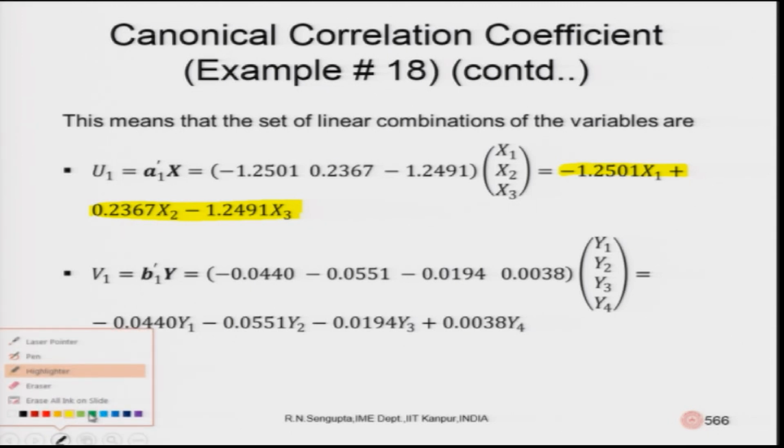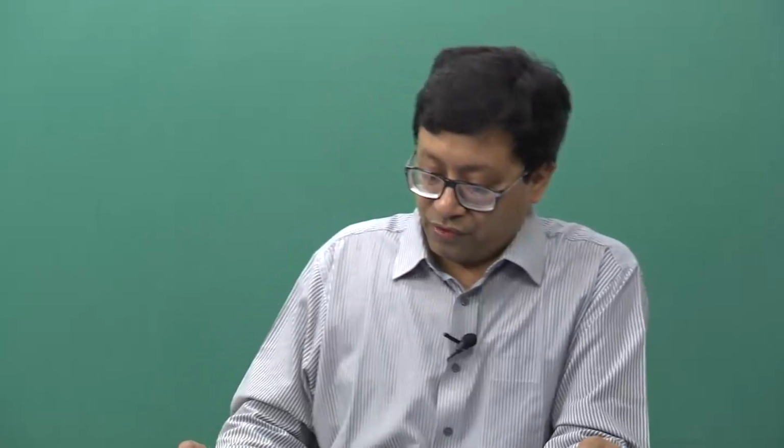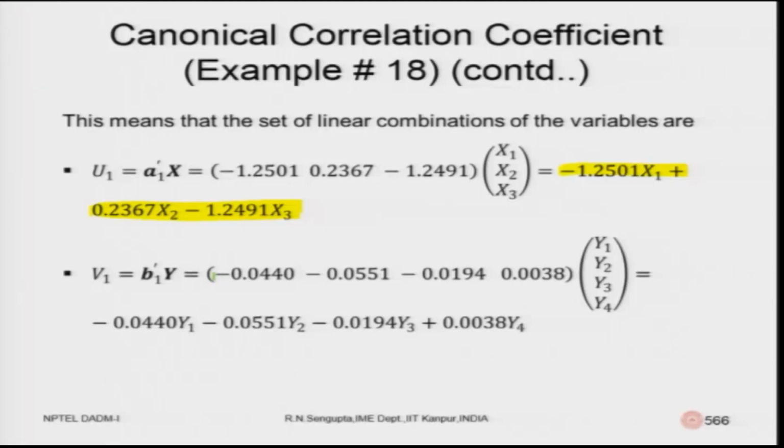The second set, I will use a lighter shade, corresponds to y's. So, the v1s are given where you multiply the first row of b with the corresponding y values. If you remember, there are 4 variables y, such as mathematical speed, the science concept and all these things.